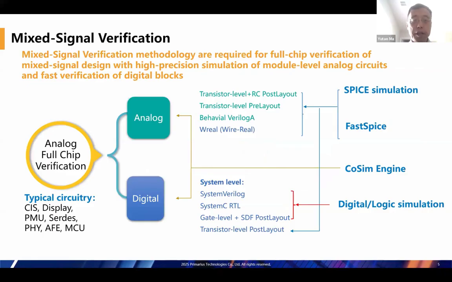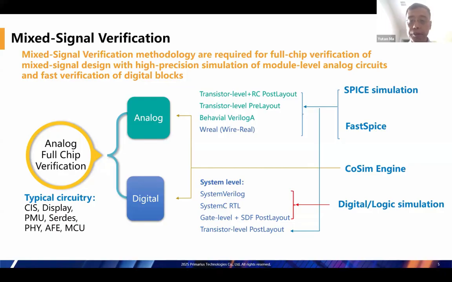Another very important challenge is mixed signal verification. People cannot just split the design into analog and digital parts and do the job separately. People have to combine them together, using a technology called co-simulation to deal with the interaction between analog circuit and digital circuit.